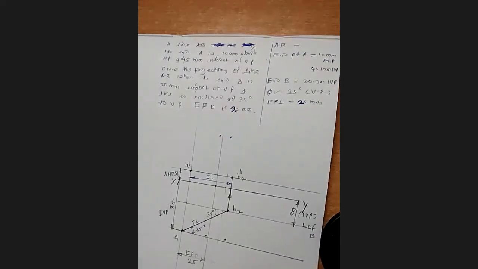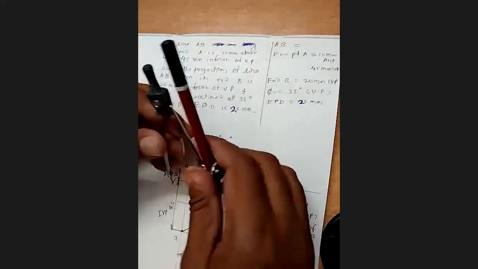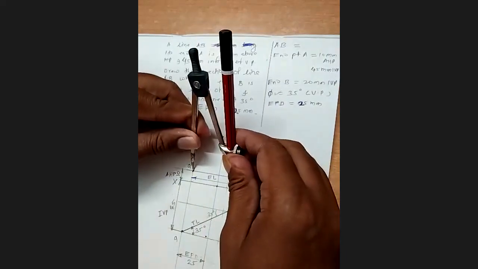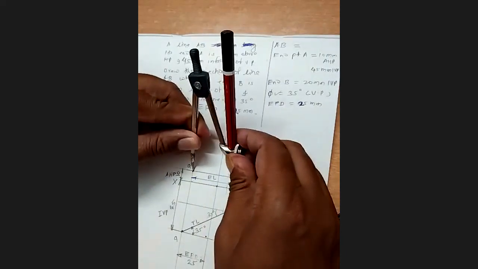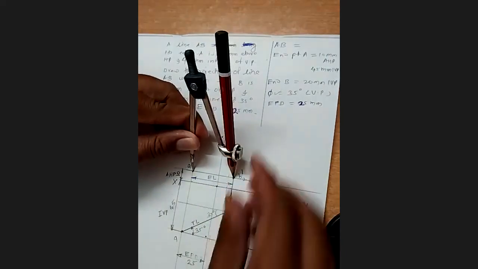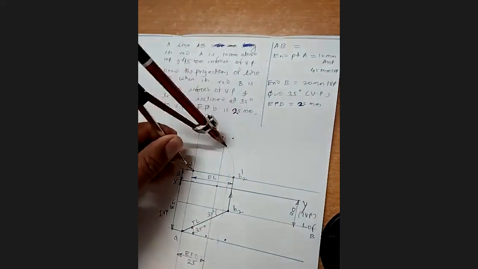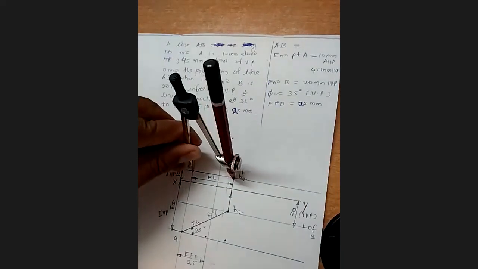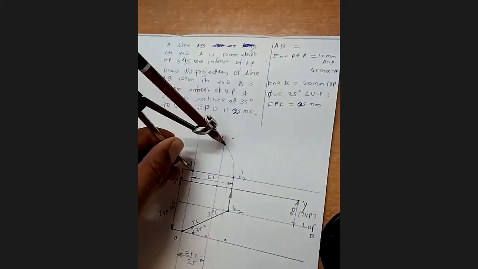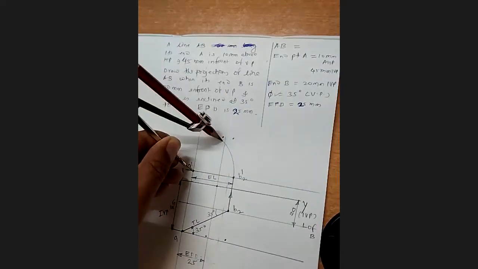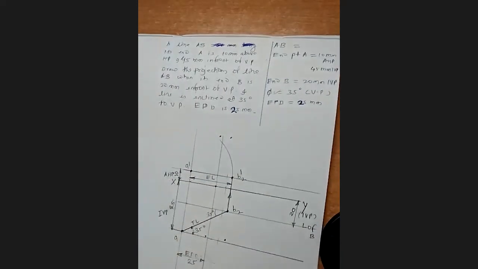Now, as the end projector lines are here, you should take a rounder and keep the metal end at A dash. Take a distance EL in the rounder, and draw an arc till it touches the projector of B dash, and it will give the point here.